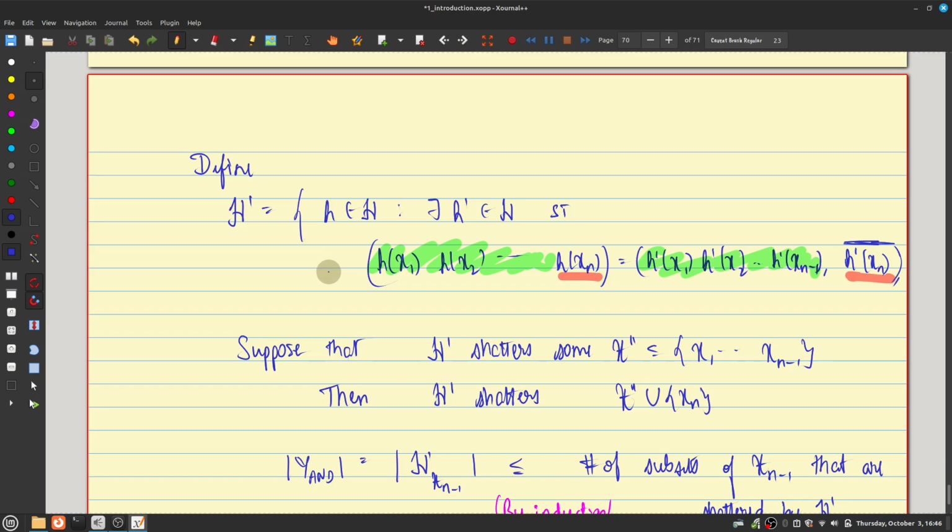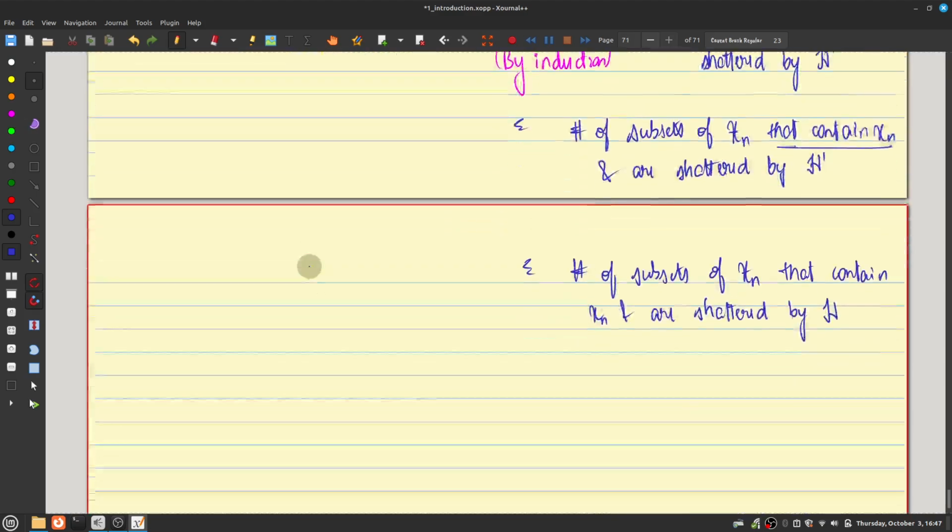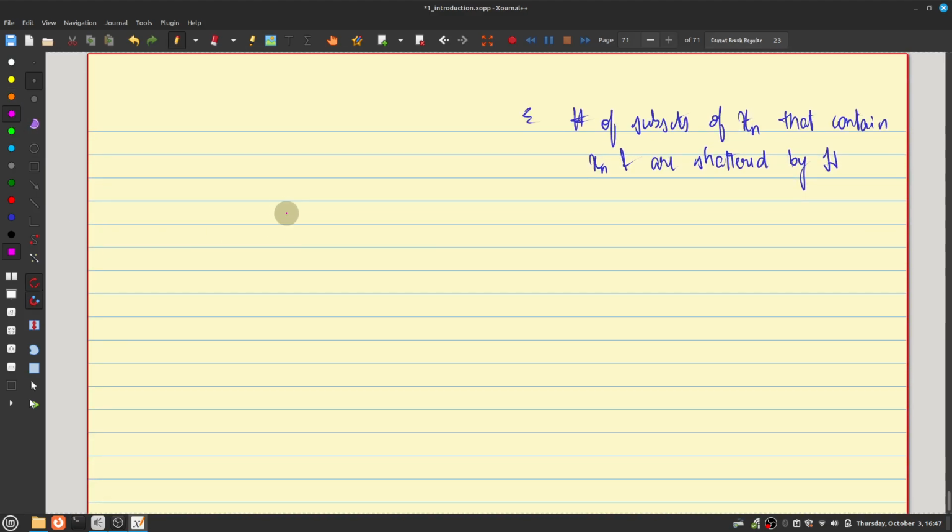No, you have to be a little careful. So you consider some subset, let's call it X double prime. H prime is a subset of H, right? If this shatters some set X double prime, then it means that the restriction of H prime onto X double prime is the set of all possible functions.